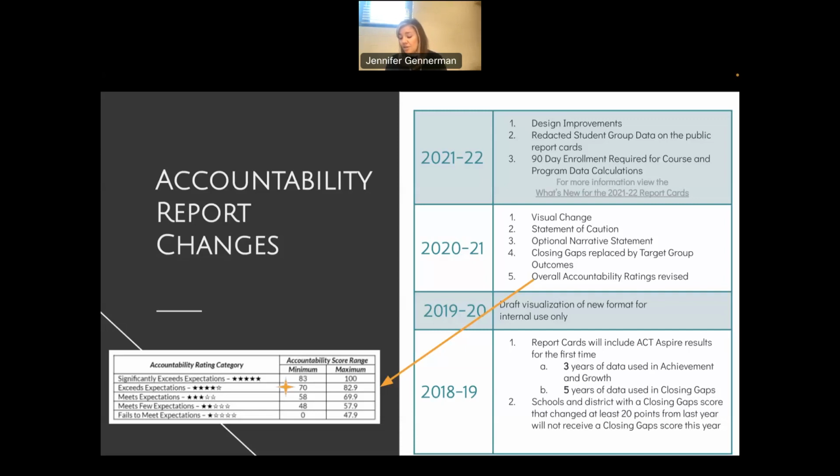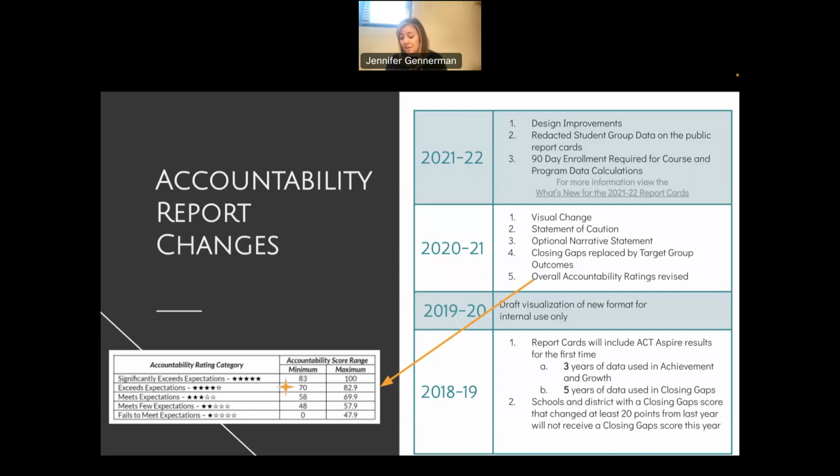DPI also offered a statement of caution when interpreting the data and also provided an option for districts to provide an optional narrative on each report card. During the 2021 school year, the report cards from these school years also had a few other changes.